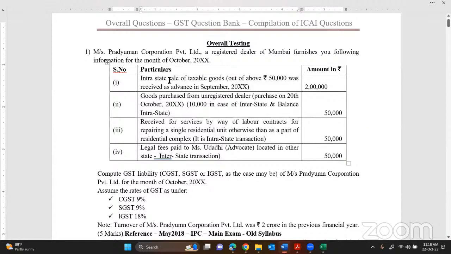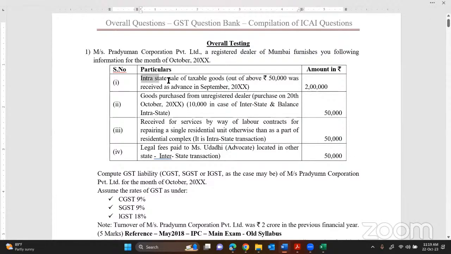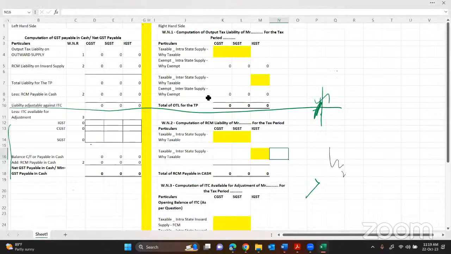Look at this, my dear. Intrastate sale of taxable goods, out of the 50,000 was received as advance in September. Does not matter. Intrastate sale of taxable goods, taxable. Straight away I have to update every piece of information in the working note, obviously the main answer will come.